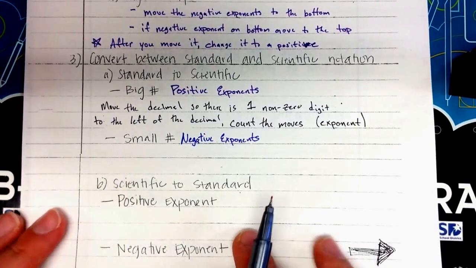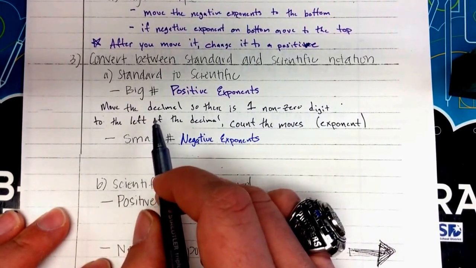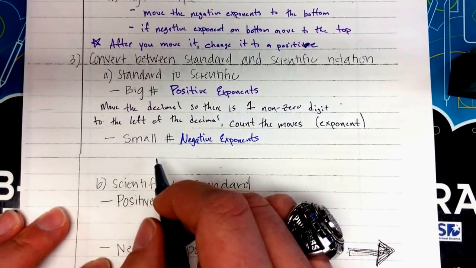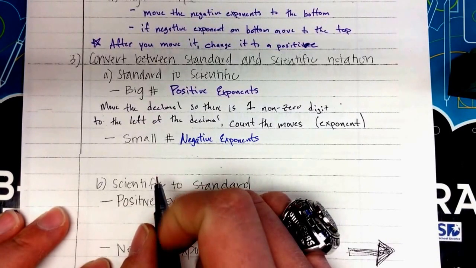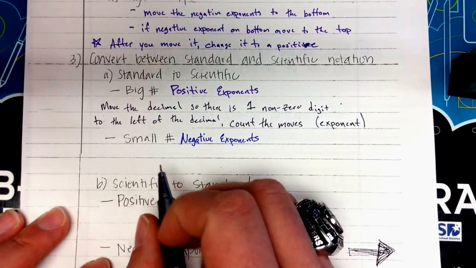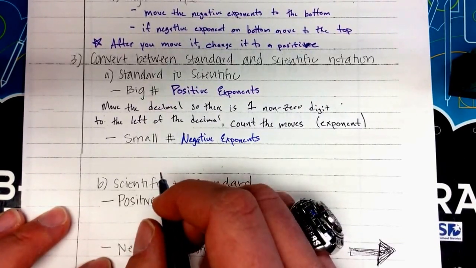Just to hammer that back in, just keep hammering this concept into you. What is our rule, once again, for our decimal placement? Once again, Cameron says that you can only have one non-zero digit to the left of the decimal.